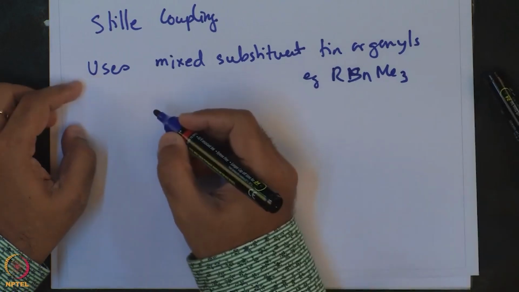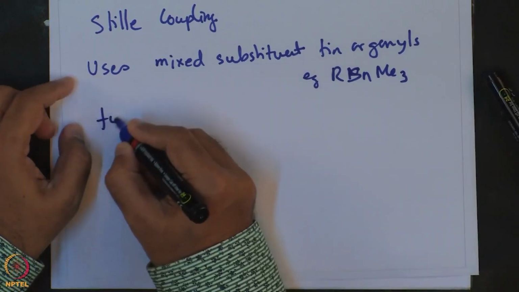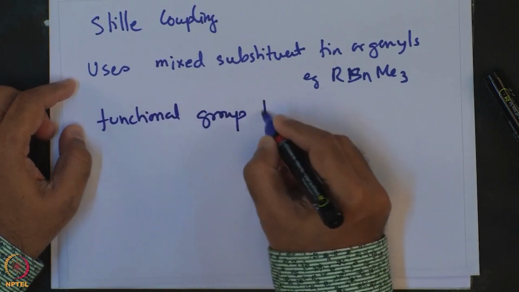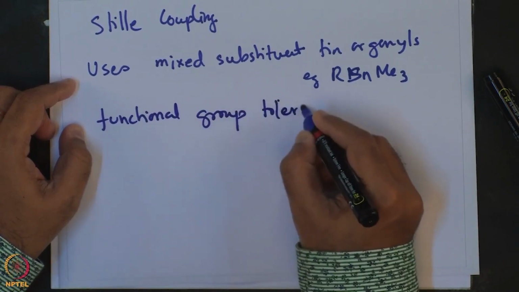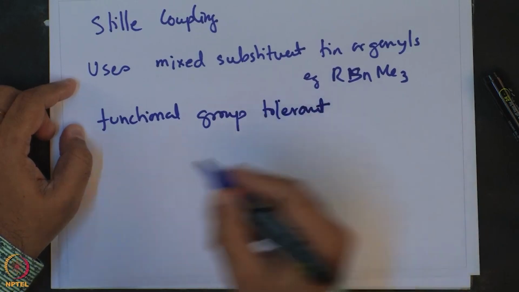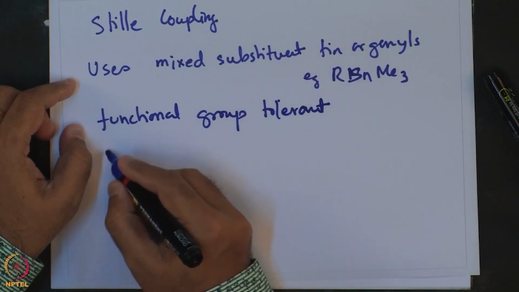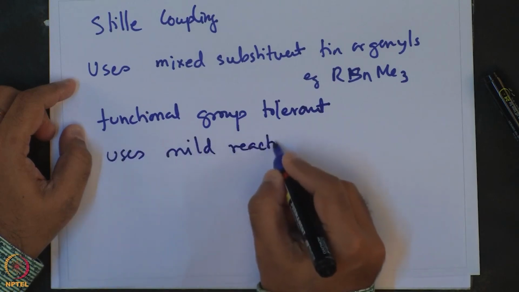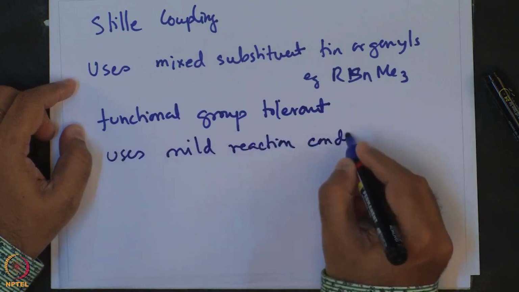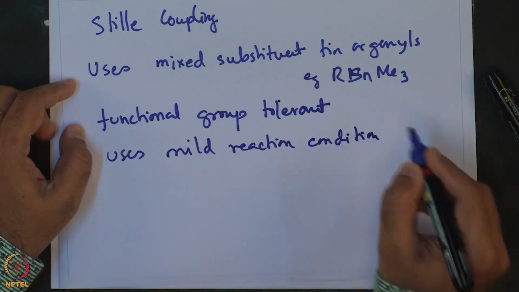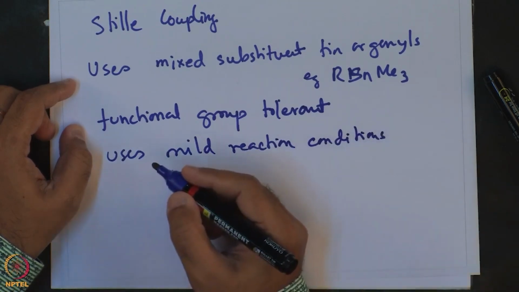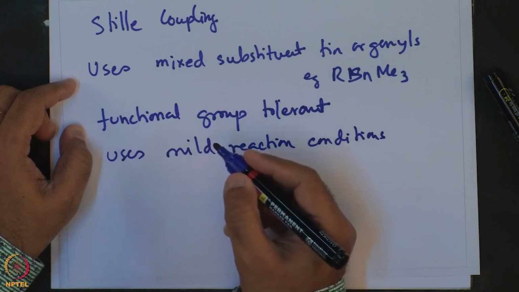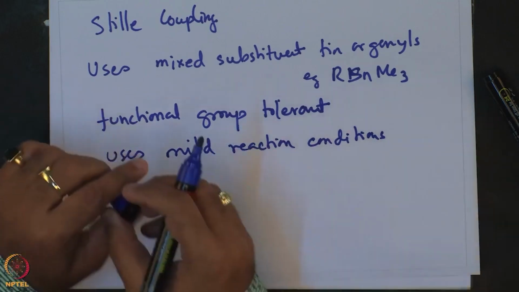Stille coupling also is functional group tolerant, and uses mild reaction conditions, and is used in the synthesis of biaryl compounds and also various macrocycles and so forth.